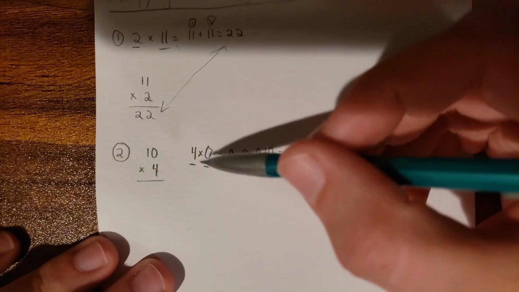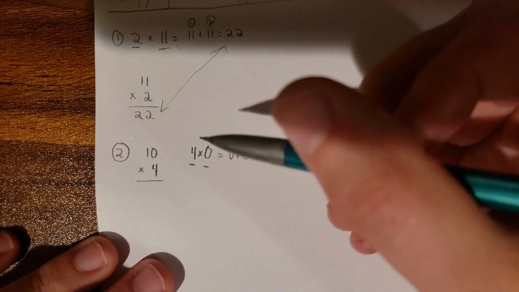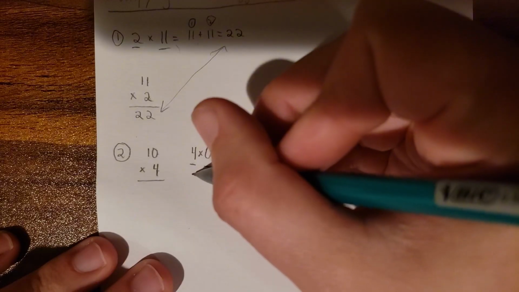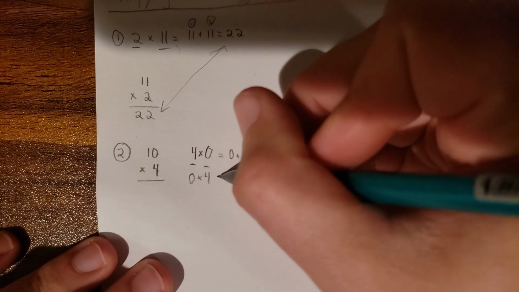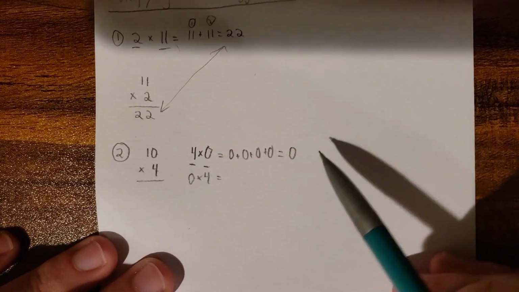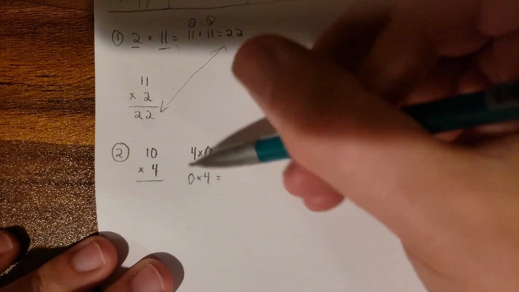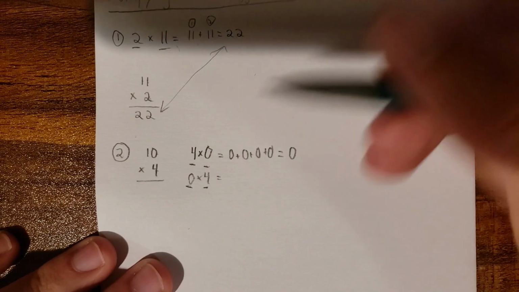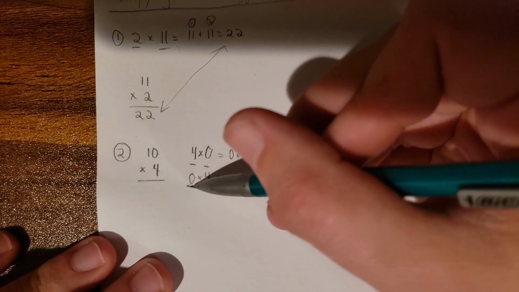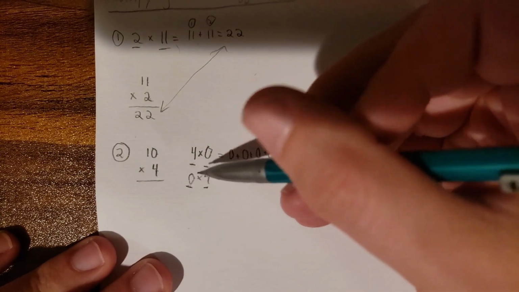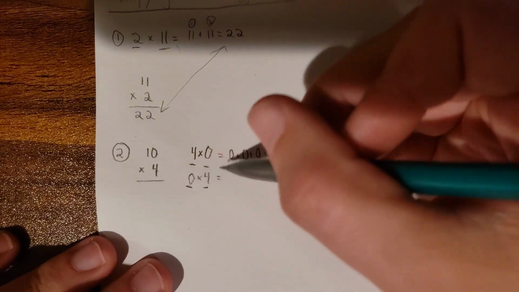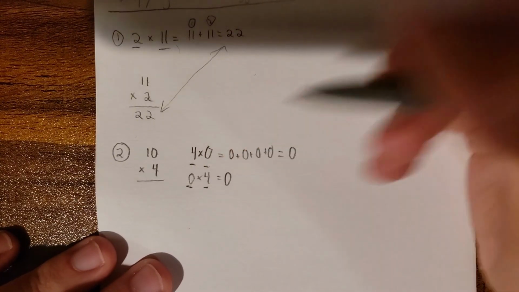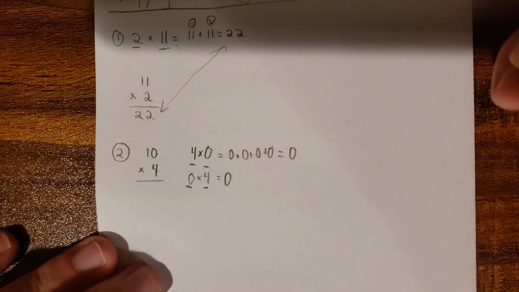And you'll find that anytime you're multiplying by 0, whether it's 4 times 0 or 0 times 4, it's always going to be 0, because here you're saying you have 0 groups of 4. You can't have no groups of anything, so 0 times 4 is just going to be 0, either way you write it.